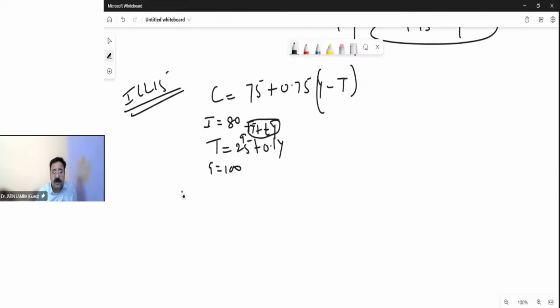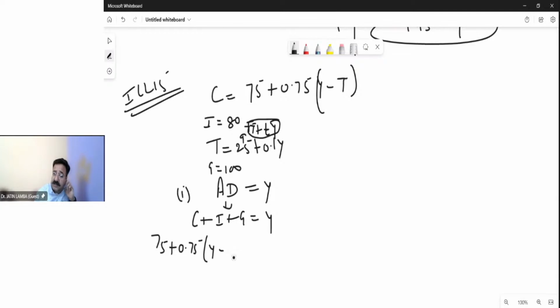Now the first part is to find the equilibrium level. What is the starting point of every question, bachcho? AD is equal to Y. AD in the three sector model is C plus I plus G. C is given as 75 plus 0.75 Y minus T. What is the value of T?